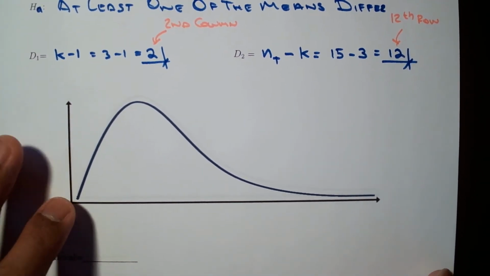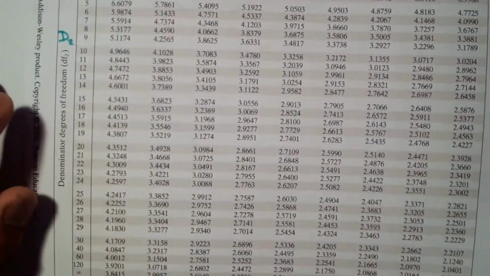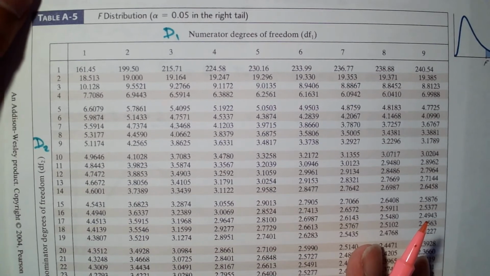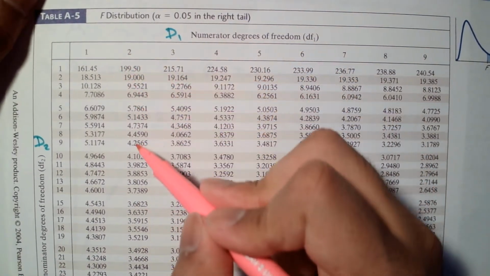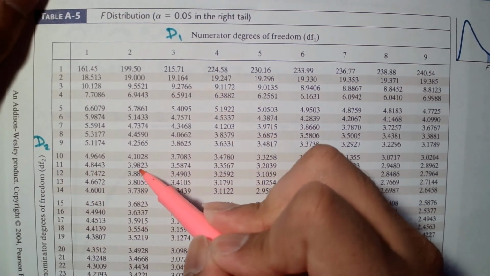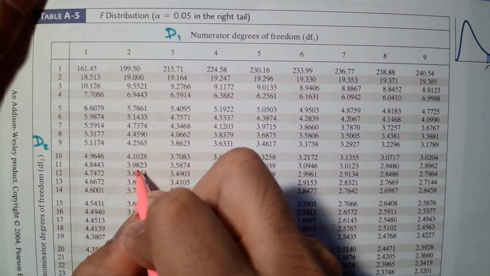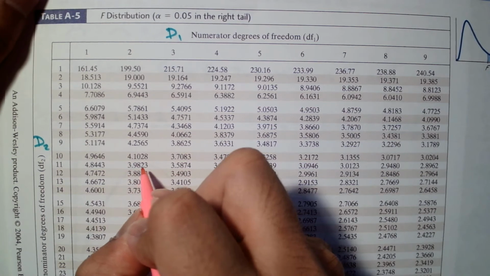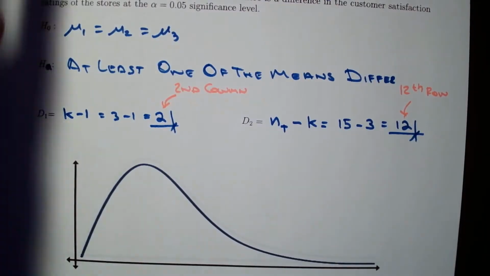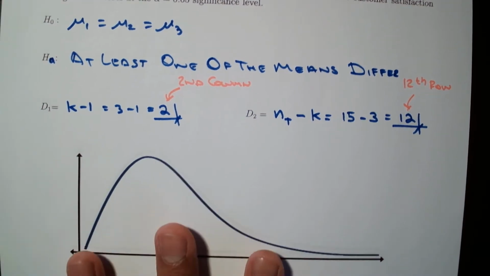All right, second column, 12th row. So the critical F score is 3.8853. All right, so let's go back to this.